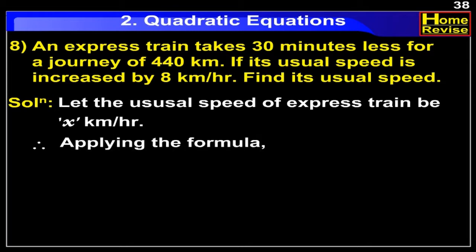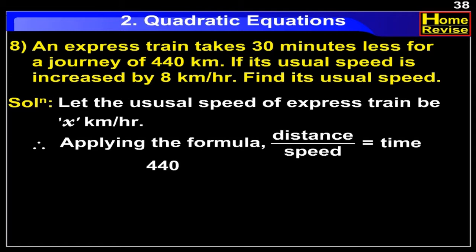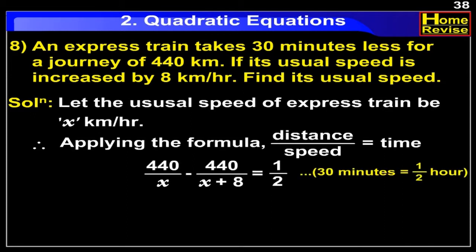Therefore, applying the formula, distance upon speed is equal to time, we have 440 upon x minus 440 upon x plus 8 is equal to 1 upon 2. Here, half hour is nothing but equal to 30 minutes.